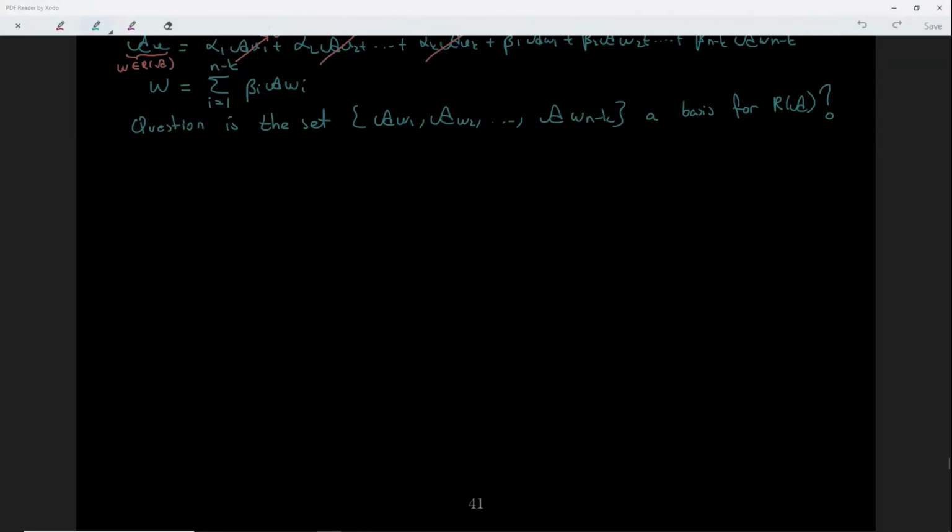Maybe we can also write down the conditions for being a basis set. What are the conditions that need to be satisfied? First, it should span the range space of A, and it should be a linearly independent set.